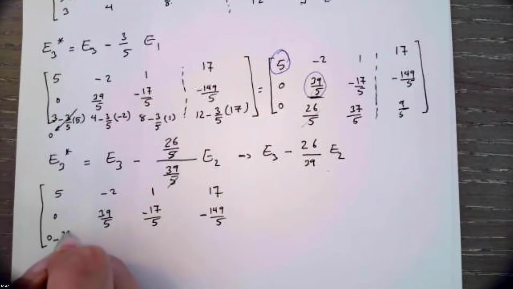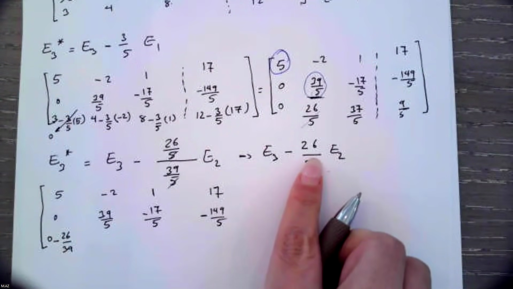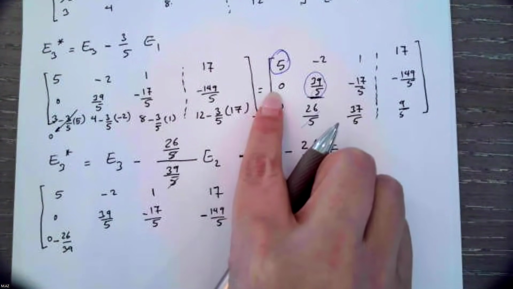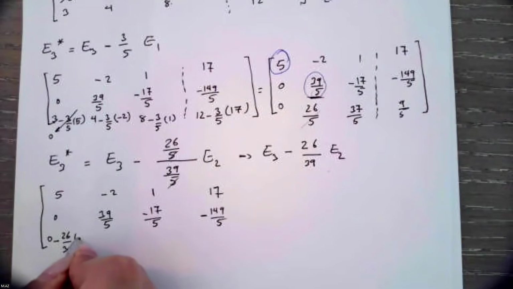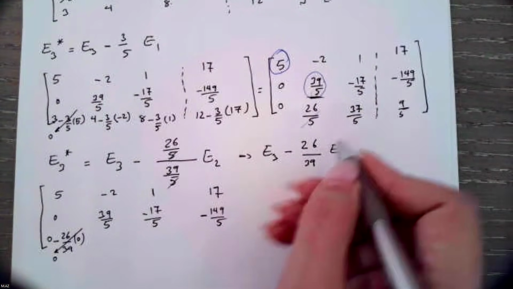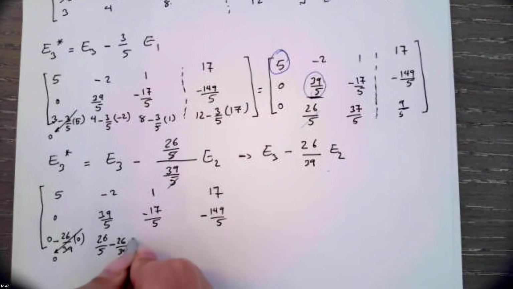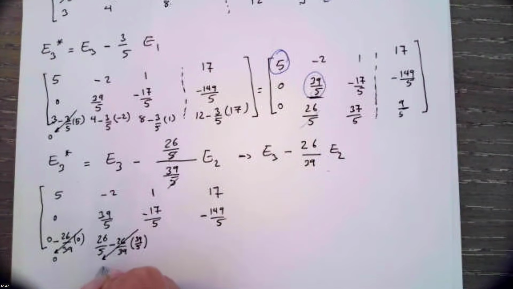We have 0 minus this coefficient times equation 2. The value is 0. This is kept as 0. Now we have 26. Also, this is turned to 0.